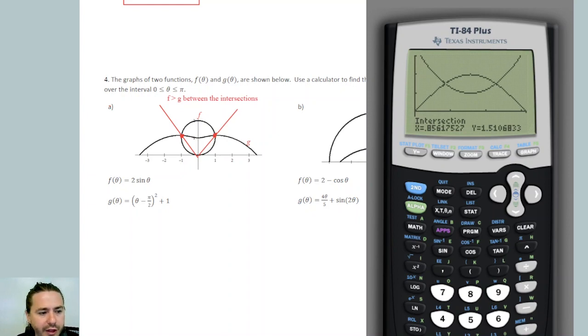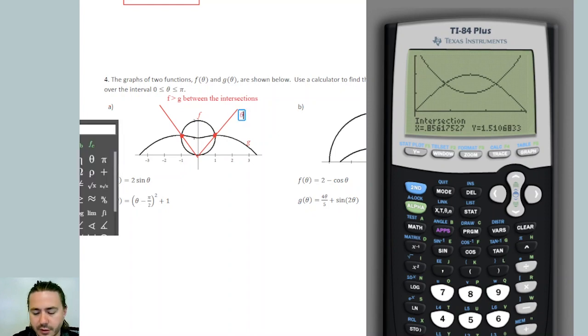So theta value here, let's make a little note here, is approximately 0.856. Okay, and then my theta value over here, I need to figure out that one too.